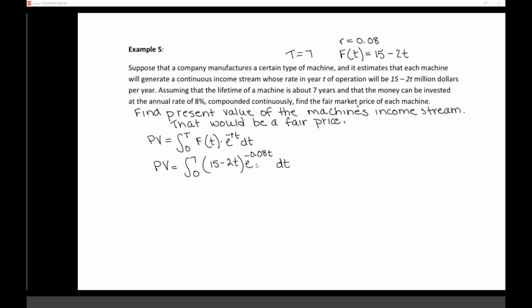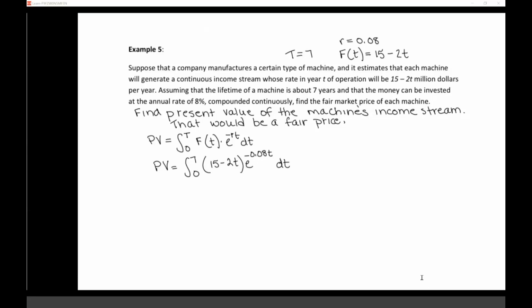What do you think? You've got a product of things here, right? Does either look like part of the derivative of the other? I don't think so.